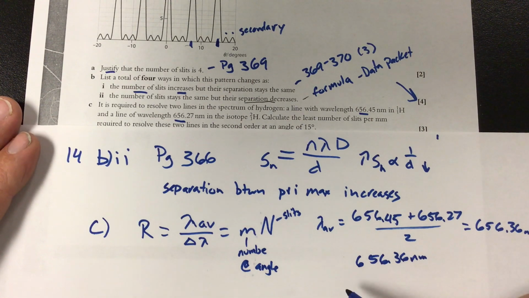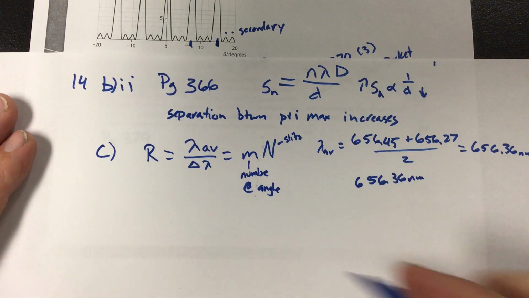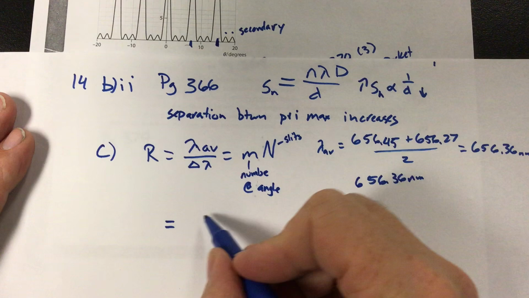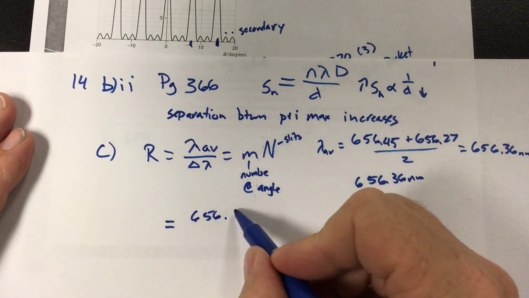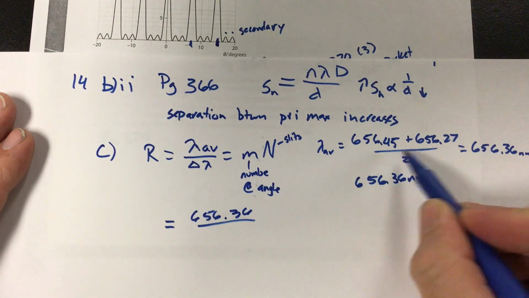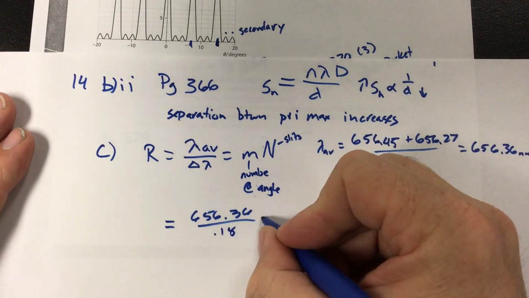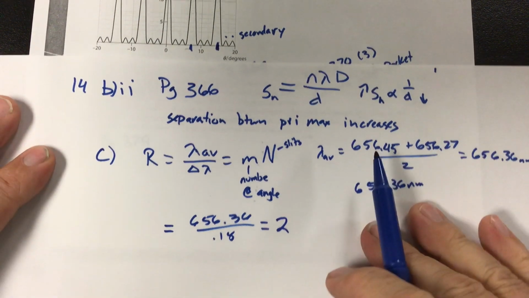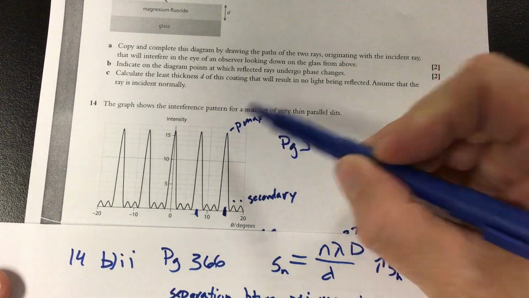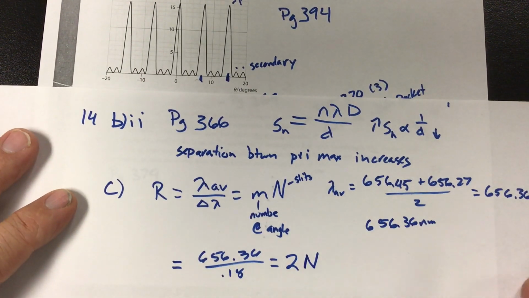So we've got 656.36 over our change, and the difference between the two is just 0.18, and that equals 2 because 15 degrees is at the second primary maximum, times n, which is the number that we're looking for.